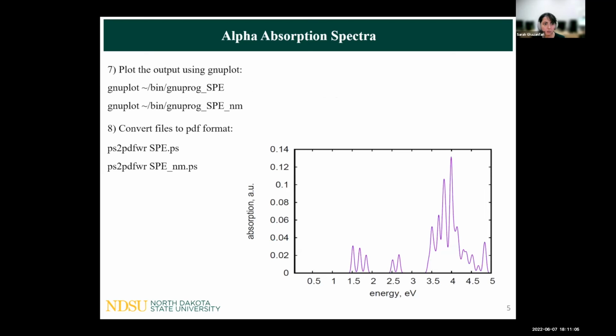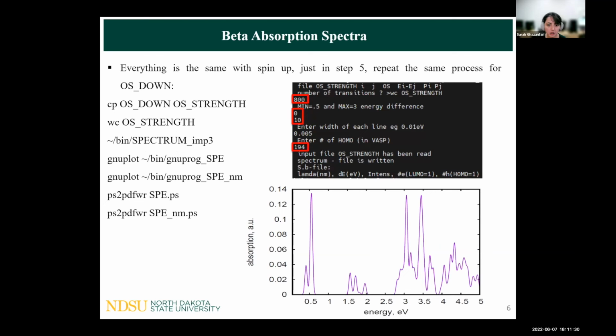Then we can use the gnuplot command to generate the absorption spectra as a function of energy and as a function of the wavelength. And then by using the last command, you can convert the file to PDF format, and here you can see this is the absorption spectra for the alpha component. For the beta component, everything is the same.